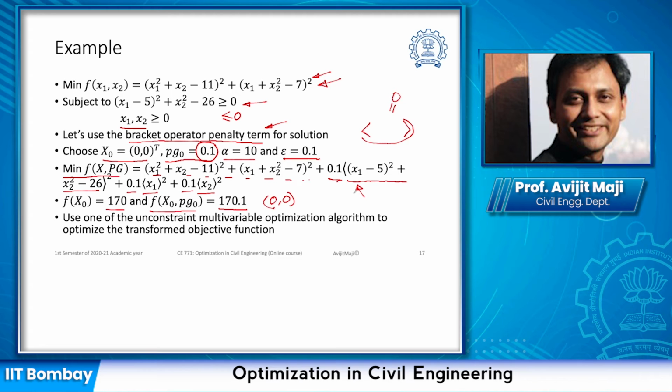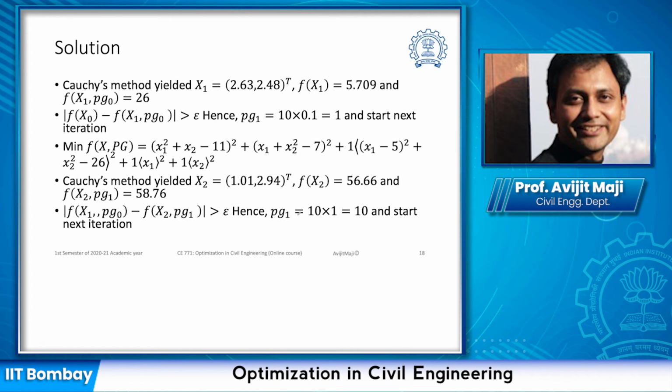So we can use the techniques which we have learned in our previous lectures to solve this, and you should choose one suitable method. In this case, we have used Cauchy's method, and once we use that method, we found the solution. X1 is going to be this particular point.